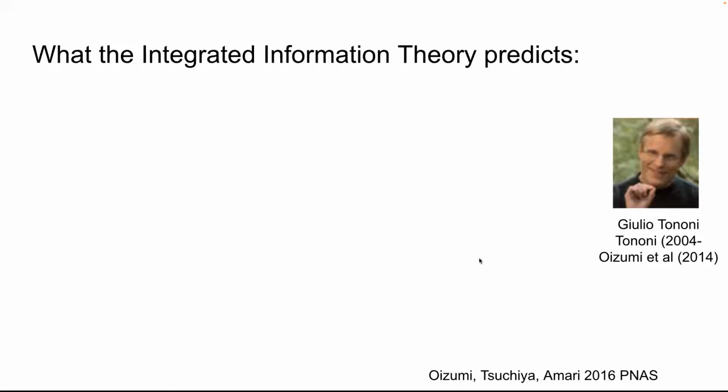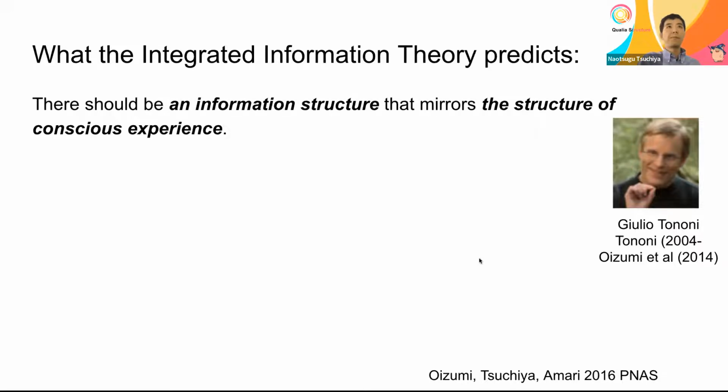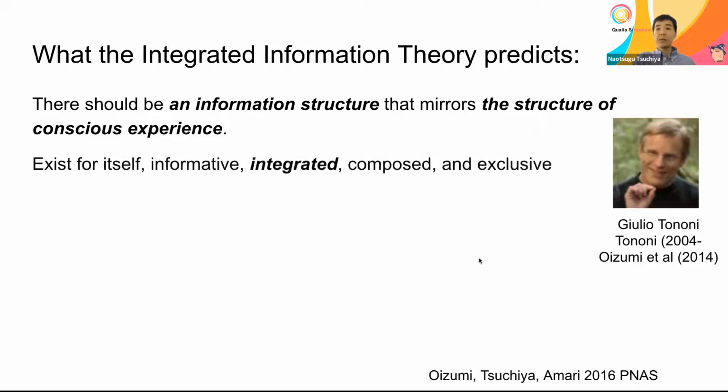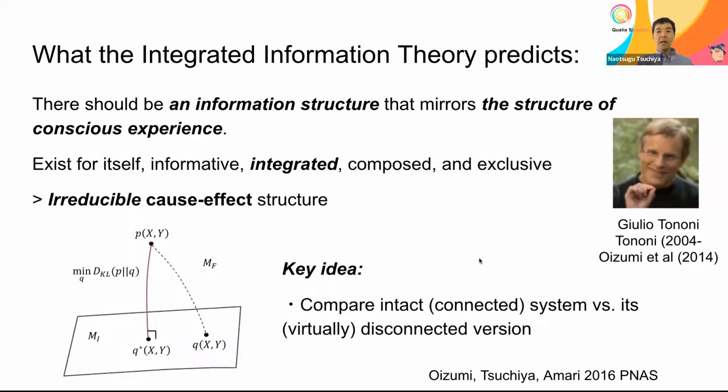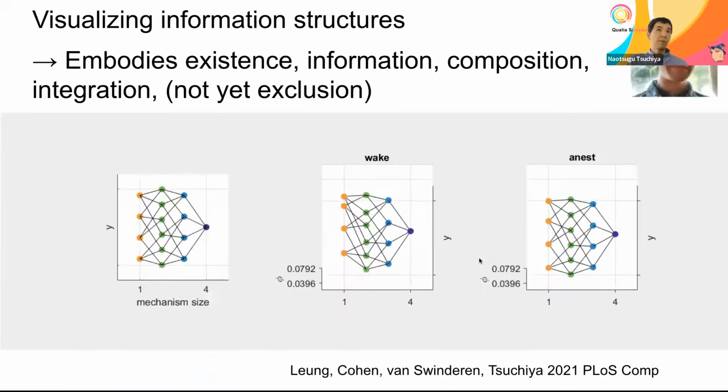Fine. Okay. So just briefly, integrated information theory predicts that loss of consciousness is probably mirrored in the loss of the structure of consciousness, and especially integration will be lost. The key idea here is to compare the intact system with a virtually disconnected version of the system.